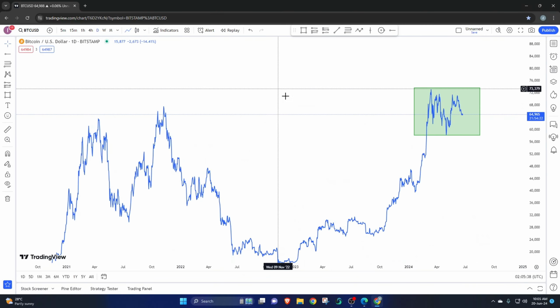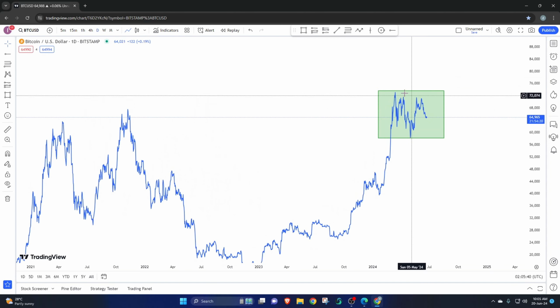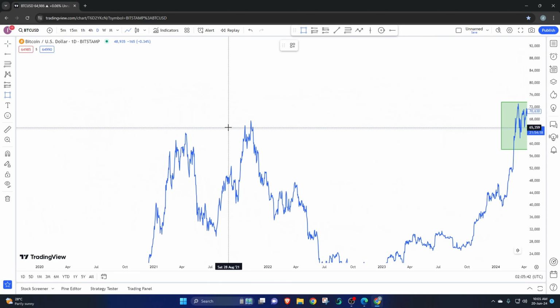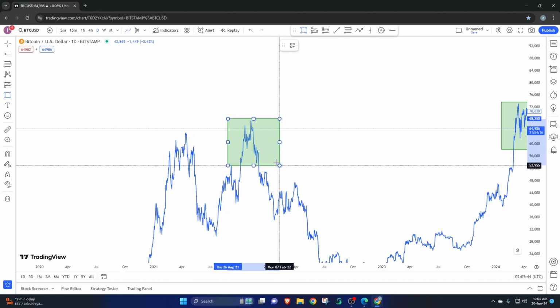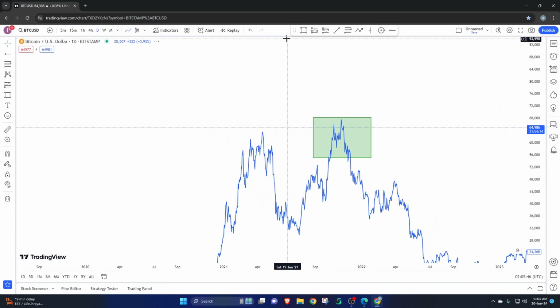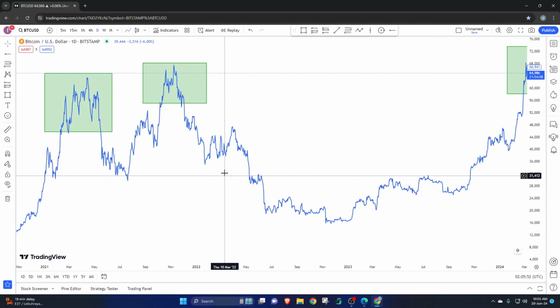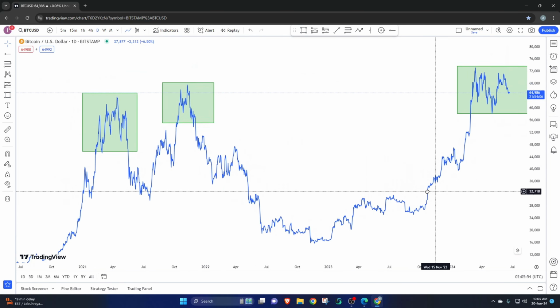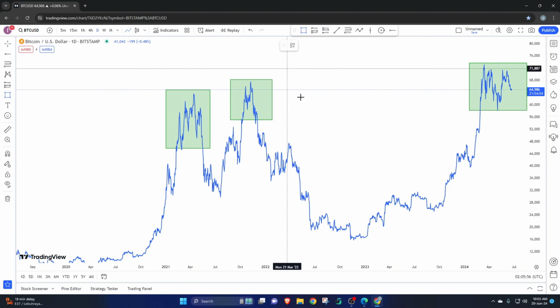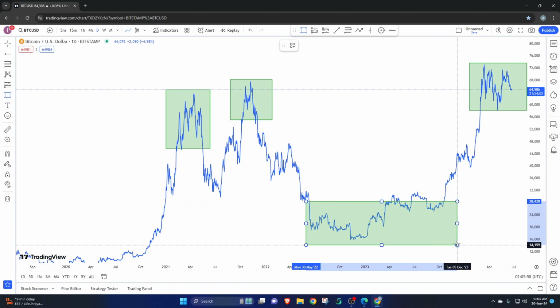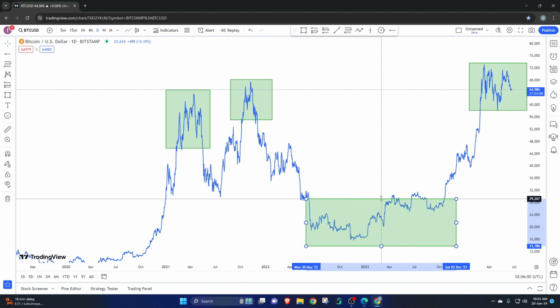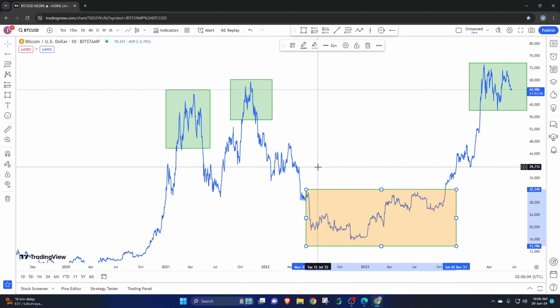As you can see, in this current cycle and the past cycle, notice that at the tops there will be distribution, and at the bottom there will be accumulation.